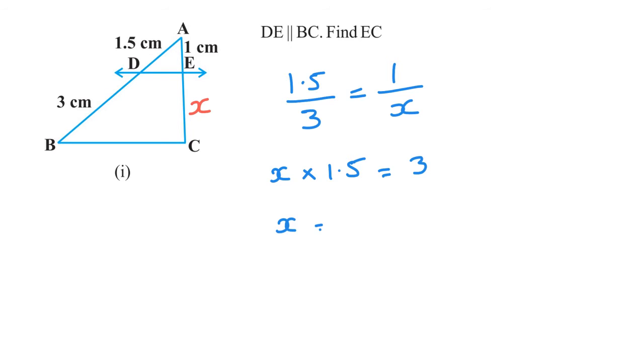X will be equal to 3 over 1.5, which is 2, which is nothing but EC. So, EC is 2 centimeters. We can apply the theorem to find the missing values for such conditions in triangles.